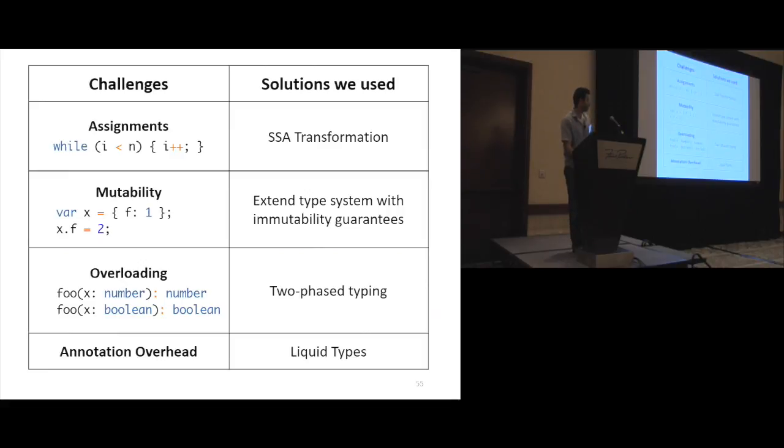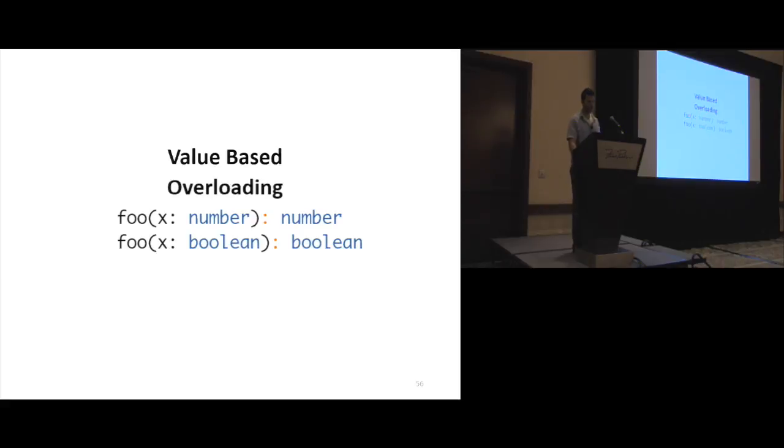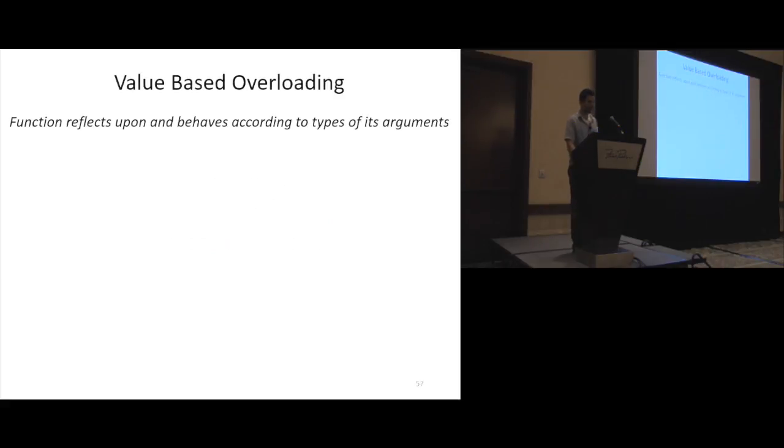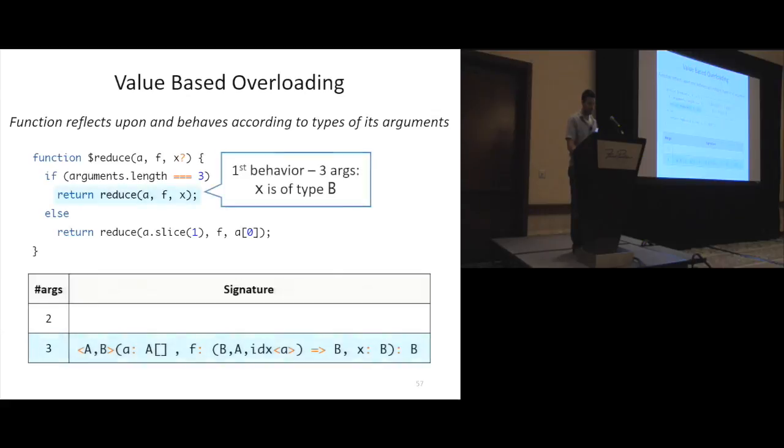So moving on, I'm going to be talking briefly about overloading, and in particular, a special kind of overloading that we call value-based overloading. And here, the function can reflect upon and behave according to the types of its arguments. To make this clear, let's assume that we have a wrapper around the reduce function that we saw earlier. This function can be called with either 2 or 3 arguments.